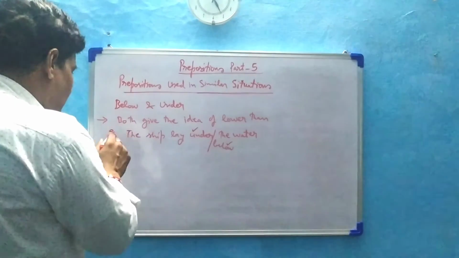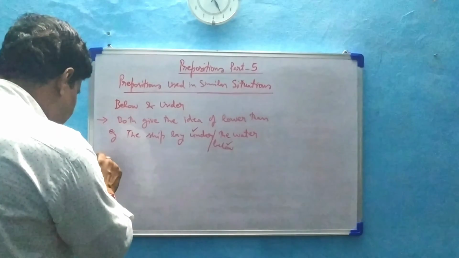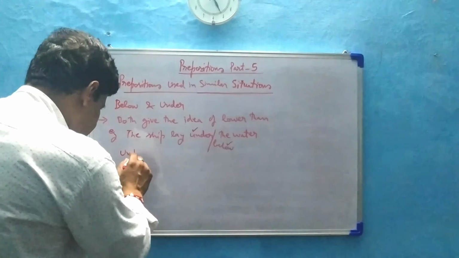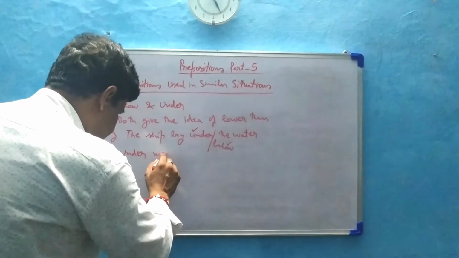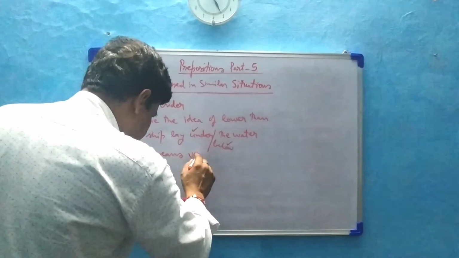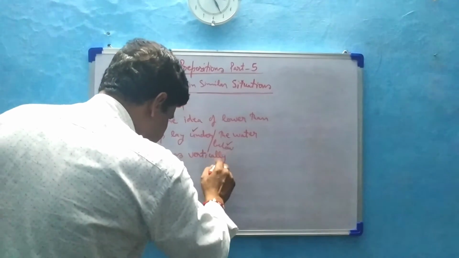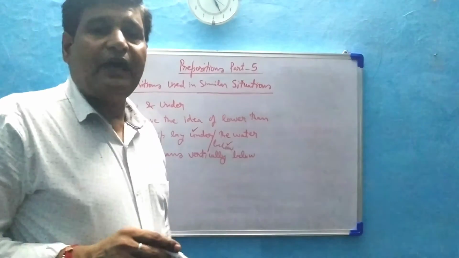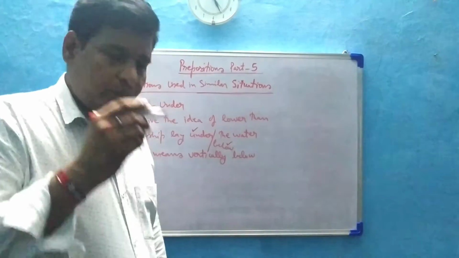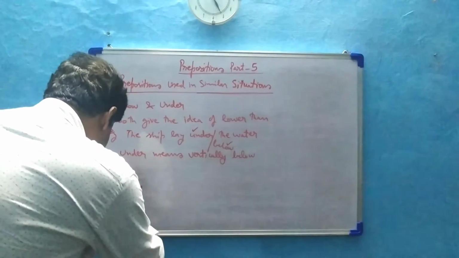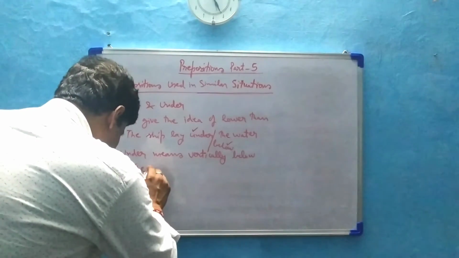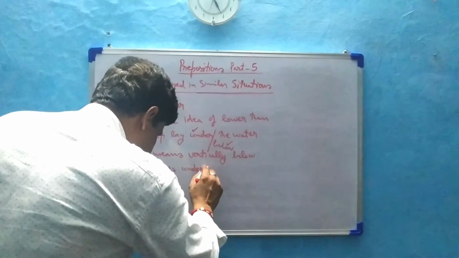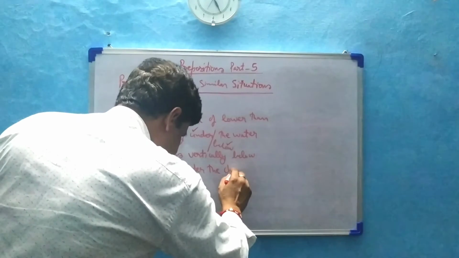Now the next use. Under means vertically below. Under gives us the idea of vertically below. Example, the dog is under the chair.